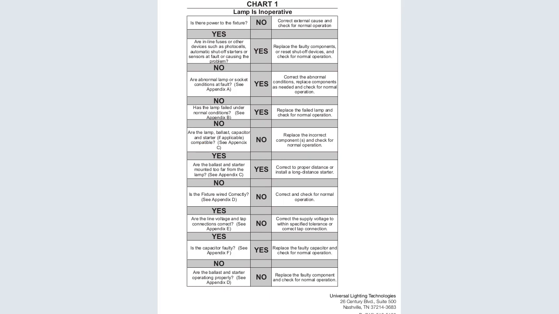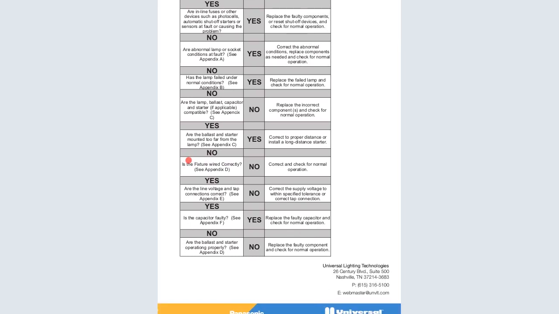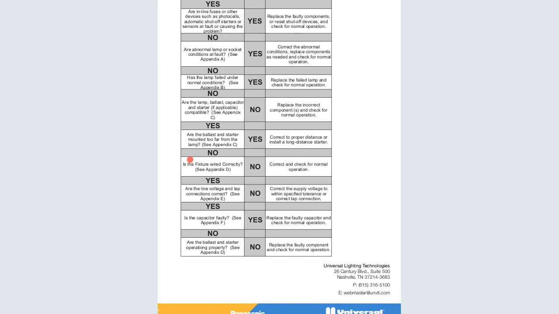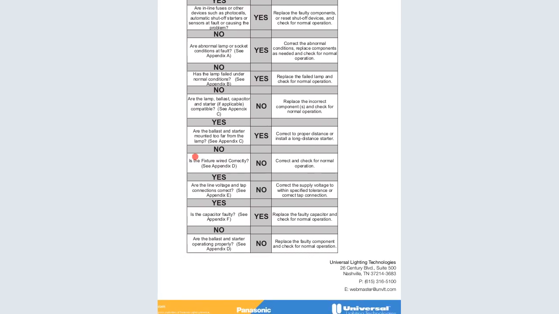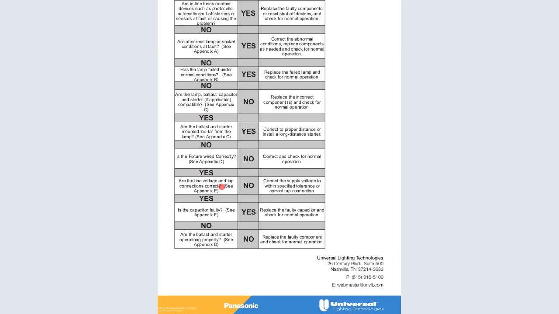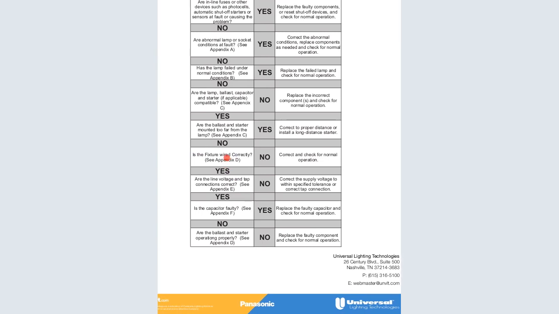If the answer is no, then you ask yourself, are abnormal lamp or socket conditions at fault? If the answer is yes, then correct the abnormal conditions, replace the components as needed, and check for normal operation. If the answer is no, you continue and ask yourself, has the lamp failed under normal conditions? If the answer is yes, then replace the failed lamp and check for normal operation.